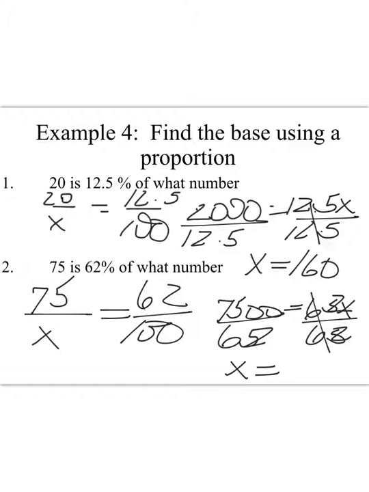So 7,500 divided by 62 will give us 121 when it rounds off. It's 120.967, and that will round to 121.